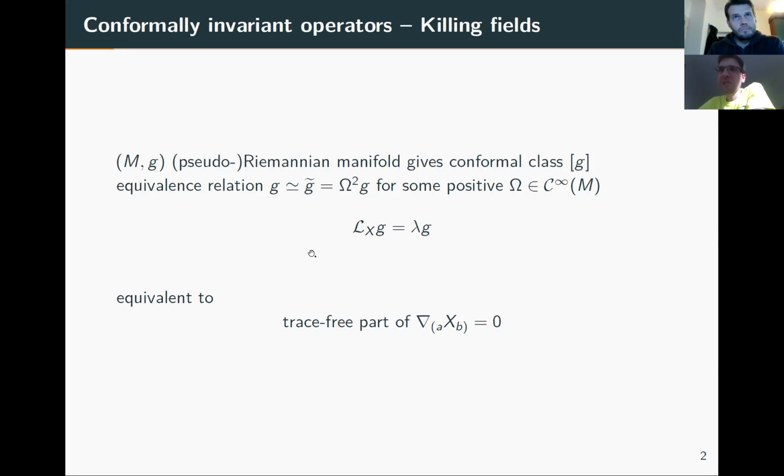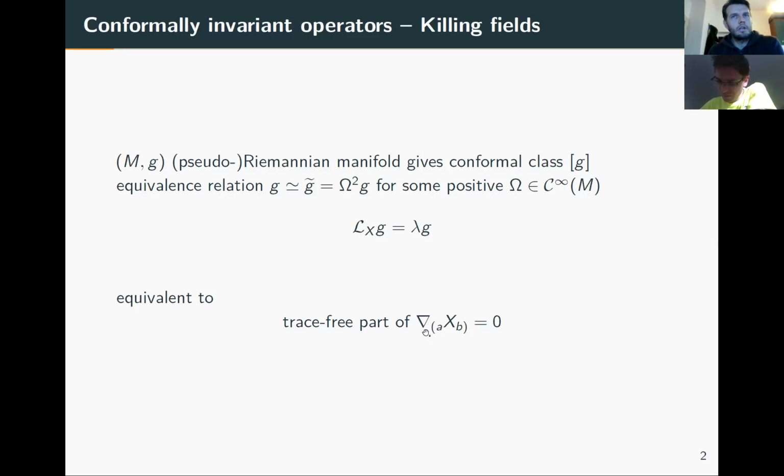Naturally, you want to look at the group of automorphisms of such a structure, something like the conformal group. So you want to look at vector fields that preserve your metric up to some scale, and you rewrite this differential equation as the following one.